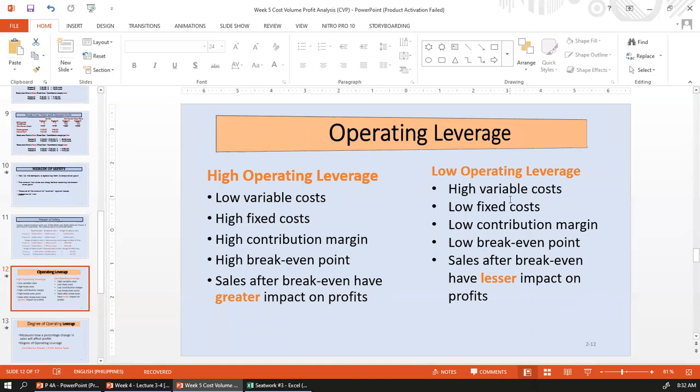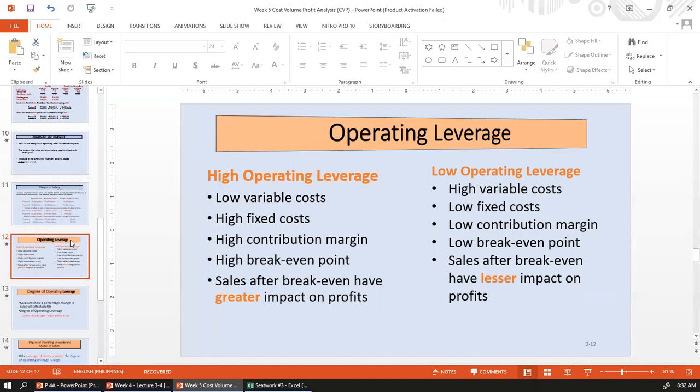So let's go to low operating leverage, which means your variable cost is high, your fixed cost is low, you will have a low contribution margin and low break-even point, and sales after break-even have lesser impact on profits. So let's say our sales is 100, our variable cost is 70. So yung contribution margin mo lang is 30.